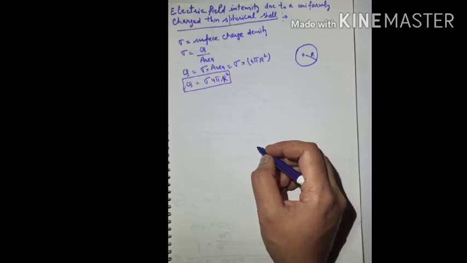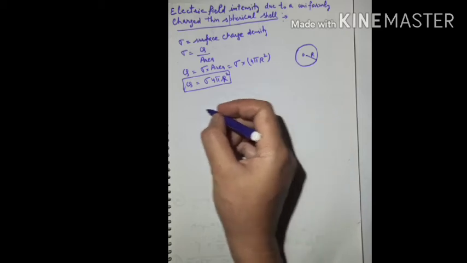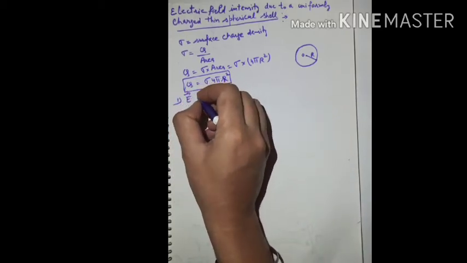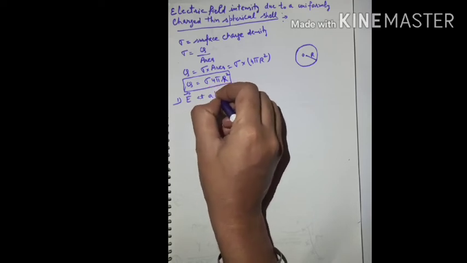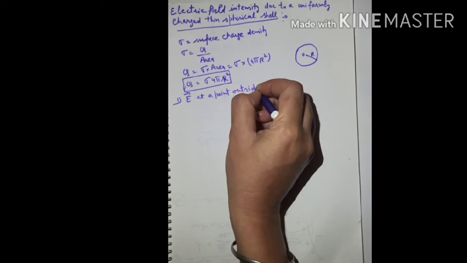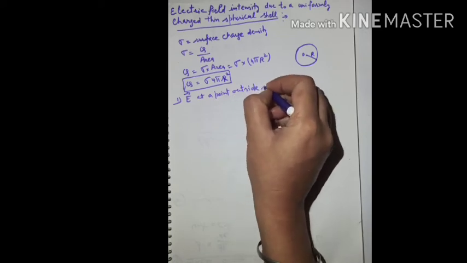Now we find the electric field intensity at a point outside the shell. Number 1 is the electric field intensity at a point outside this shell.